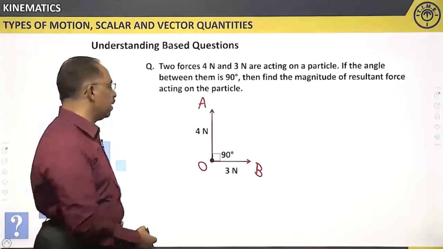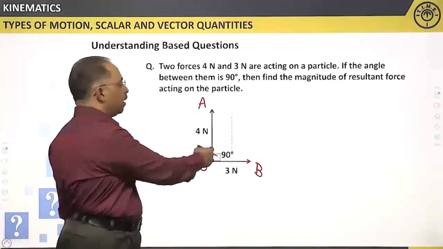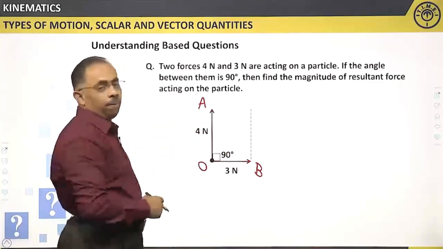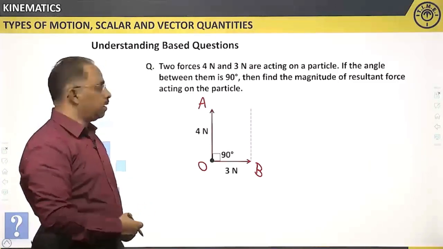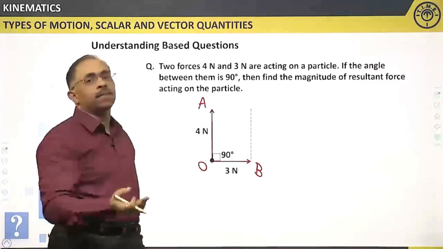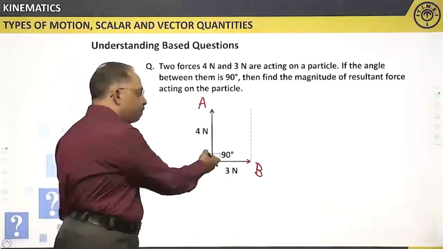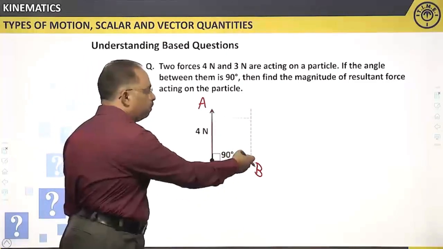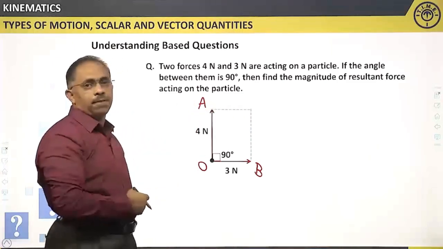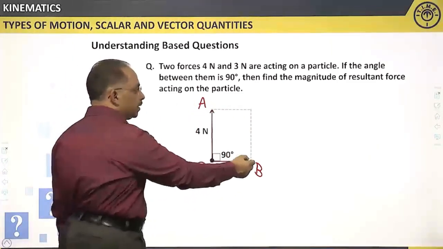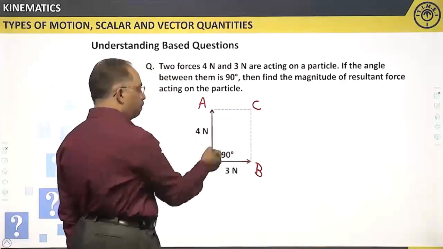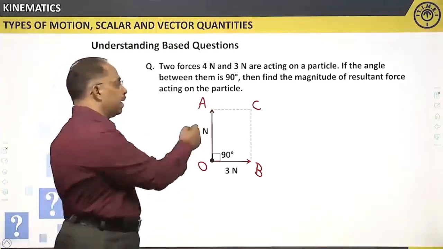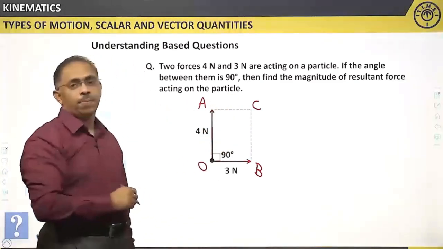So, I will take one vector parallel to OA from the point B. Or else, I can also take the other way, where I take the parallel one along OB from the point A. Let me take this point as C, that means either I can take BC parallel to OA or I can take AC parallel to OB.